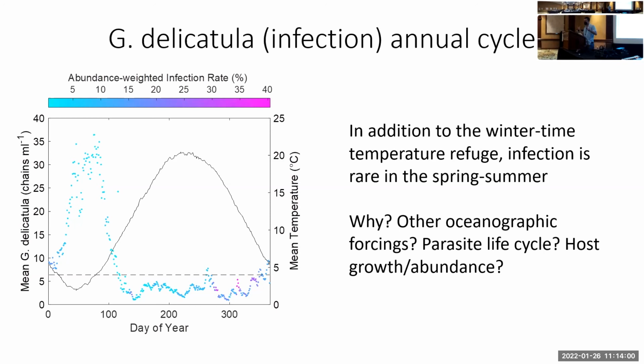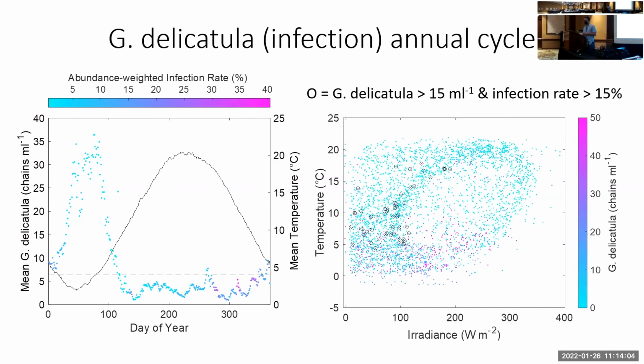Obviously, this is very early days, so I don't have a clear answer yet, but one possible explanation is an interaction with light availability. On the left now, we have irradiance on the horizontal axis versus temperature on the vertical. Our points are colored according to host abundance again, and those black circles indicate periods where we have both high host abundance and high infection.